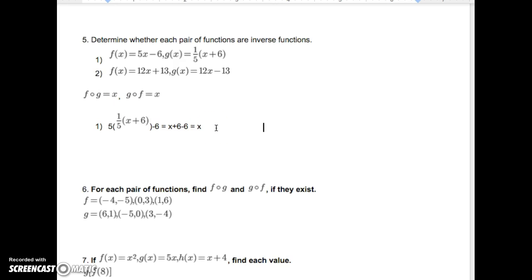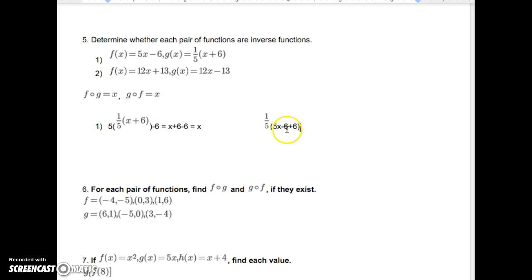Now I'm going to do G composition F. So I'm starting with G as my outside function. So I have 1/5 again, times, in parentheses, I've got x plus 6, something plus 6. That something is my F function, which is 5x minus 6, and then the plus 6, close parentheses.